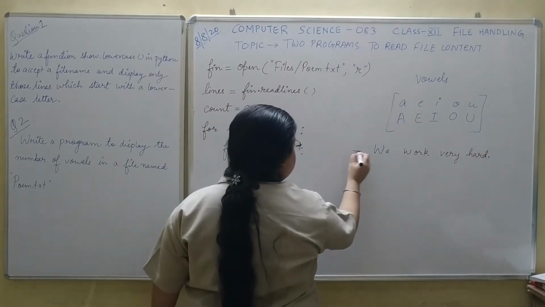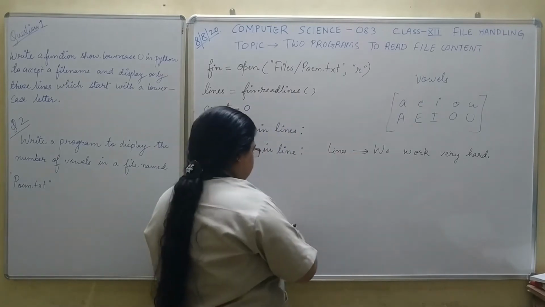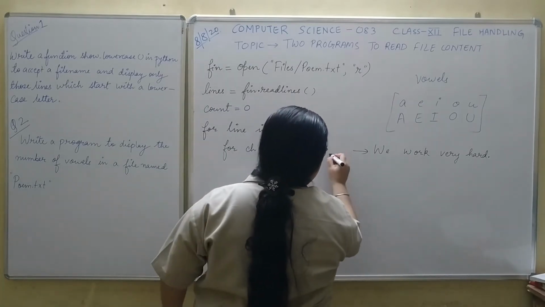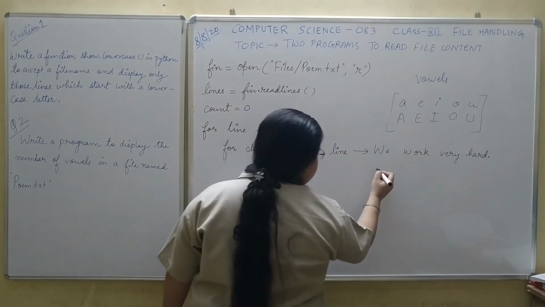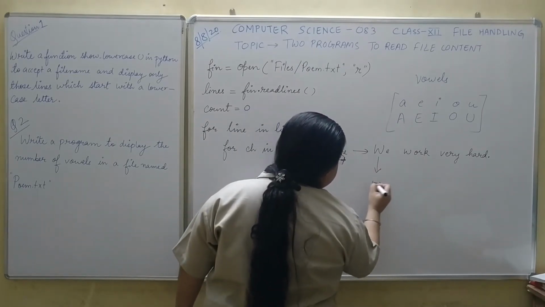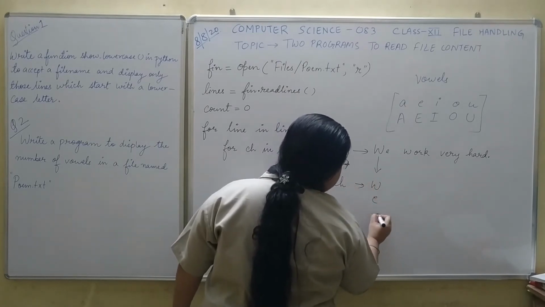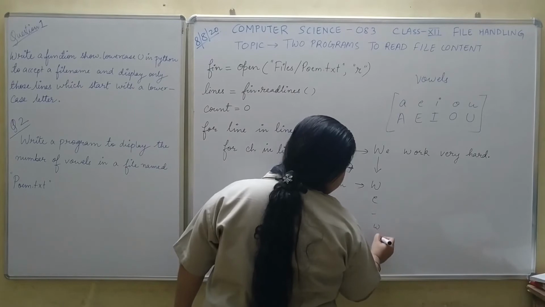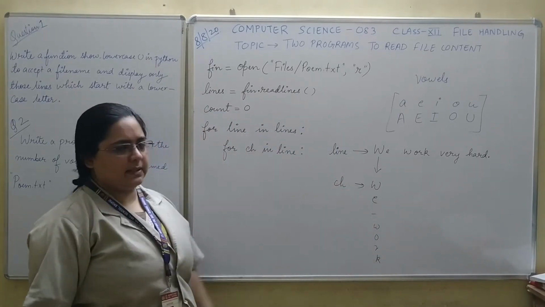So this is contained in line. Lines of course contains the entire content of the file, and line contains only one line, and from this one line we have to extract one character at a time. So that character would be what? Here we have a space, here we have this. So this character will be saved in ch.